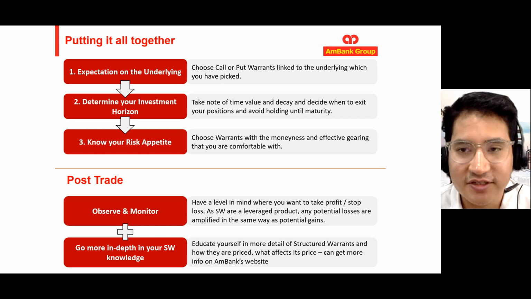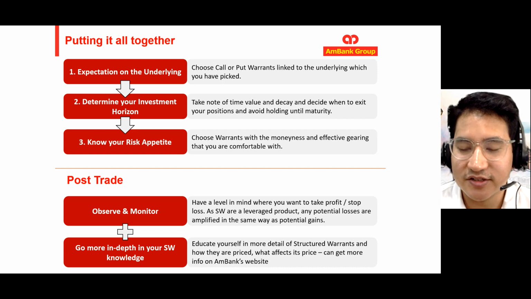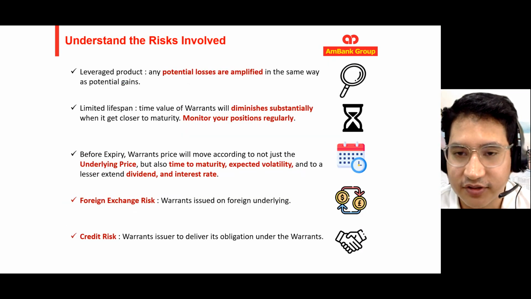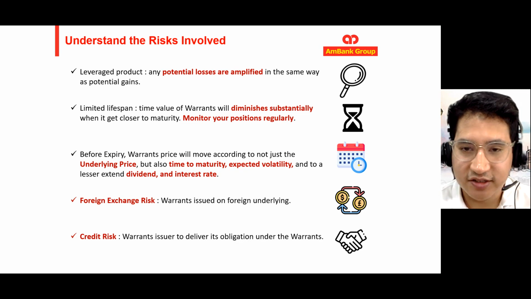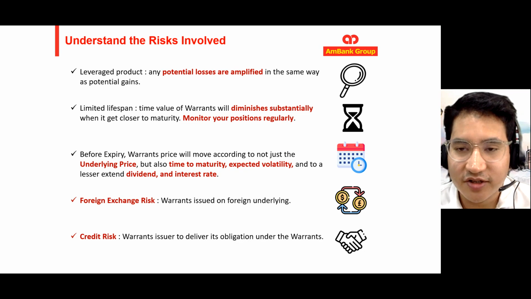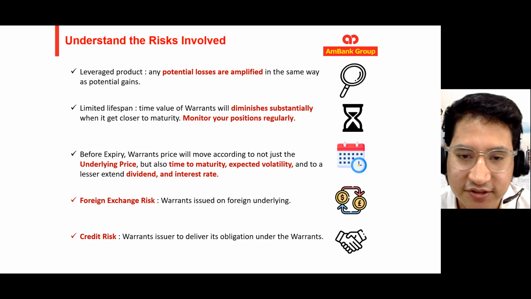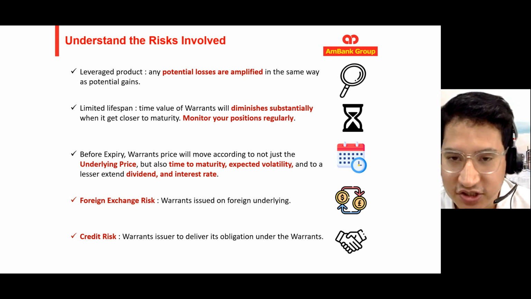And last but not least, is just me giving you a list of risks that you have to consider. Like I said earlier, it is a leverage product, so any potential losses are amplified in the same way as potential gains. That's why you need to monitor and observe, and be quite confident in your trading strategies.